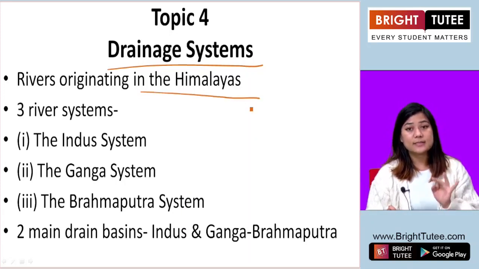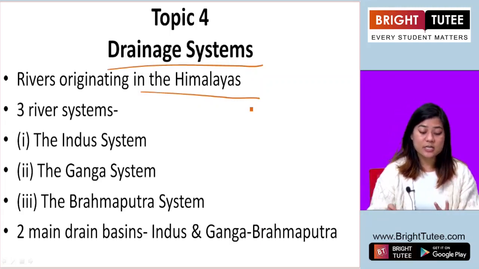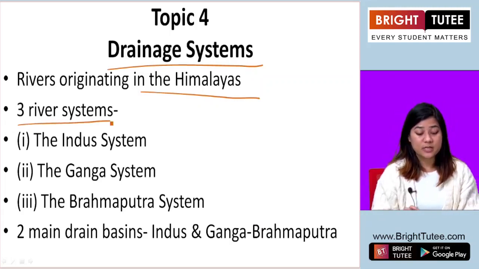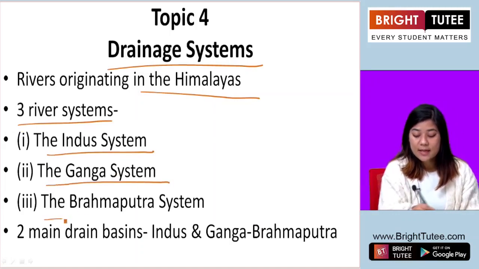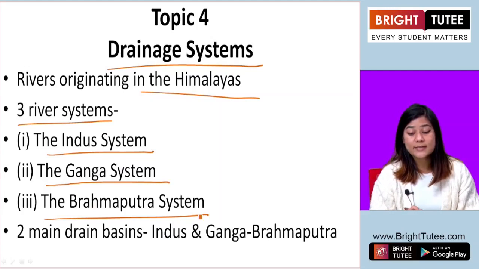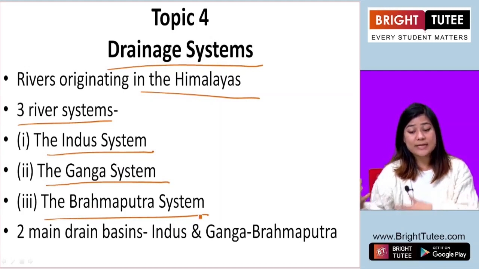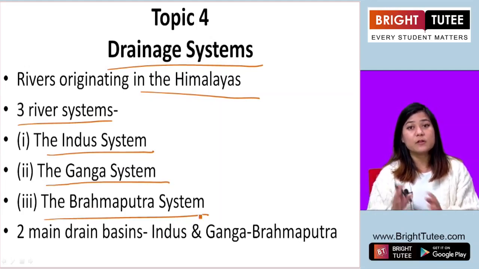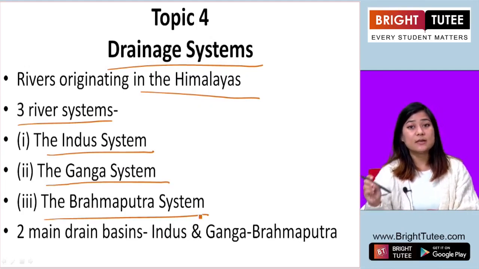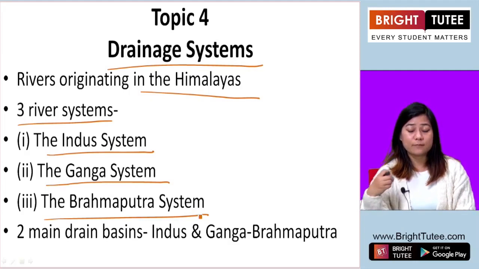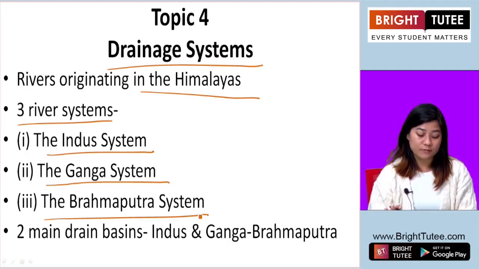This category has three important river systems: the Indus system, the Ganga system, and the Brahmaputra system. In a similar manner, in the later part of this topic, we will look at the river systems which originate in the peninsula and flow in the peninsular region of our country.